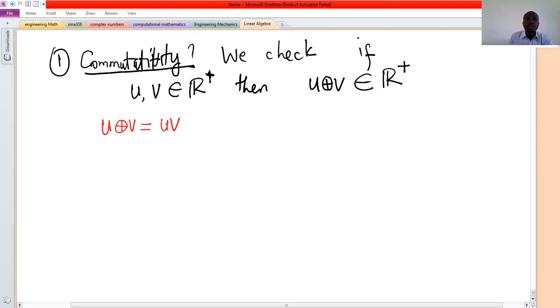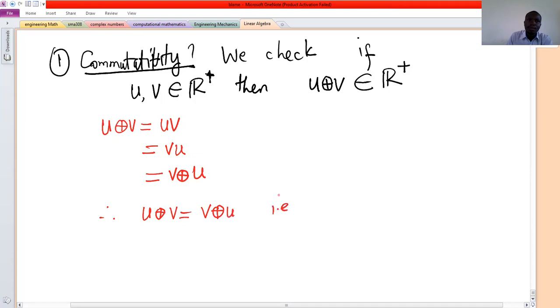Remember u and v are just positive real numbers. So the product of two positive real numbers is the usual multiplication. This can as well be written as v times u. And if u plus v is given by uv, then vu is the same as v with this unusual addition sign u. So therefore, u plus v is equal to v plus u.